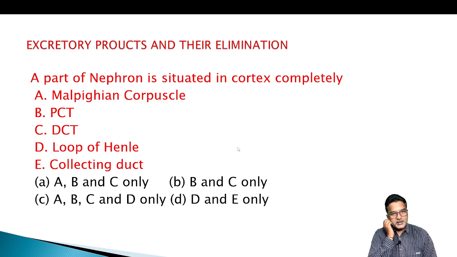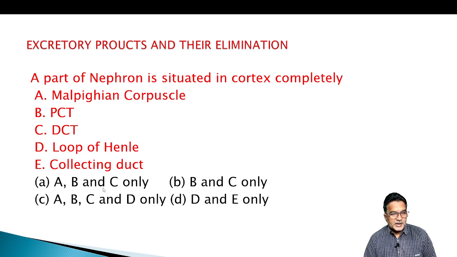Which part of the nephron is situated in the cortex completely? PCT, Bowman's capsule and DCT are in the cortex, the collecting tubule is in both cortex and medulla, and Henle's loop is in the medulla. So the loop of Henle options are gone, and the collecting duct, being in both cortex and medulla, is also gone.